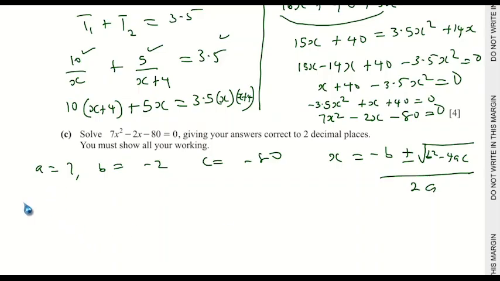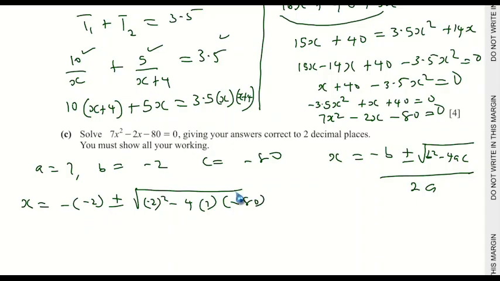You can key in the values. x equals minus -2 plus or minus square root of -2 squared minus 4 into 7 into -80, everything over 2 into 7, that is 14.